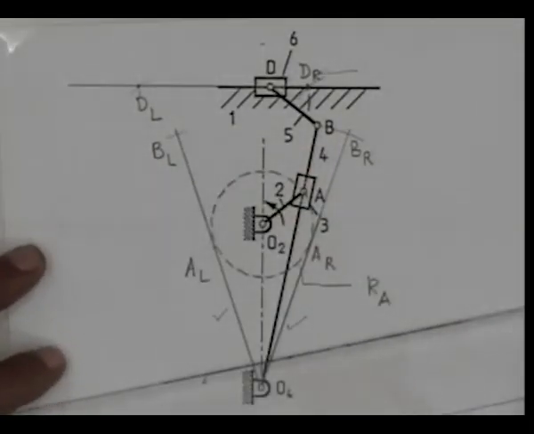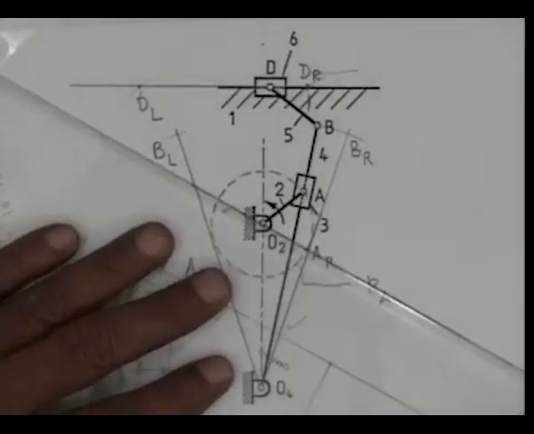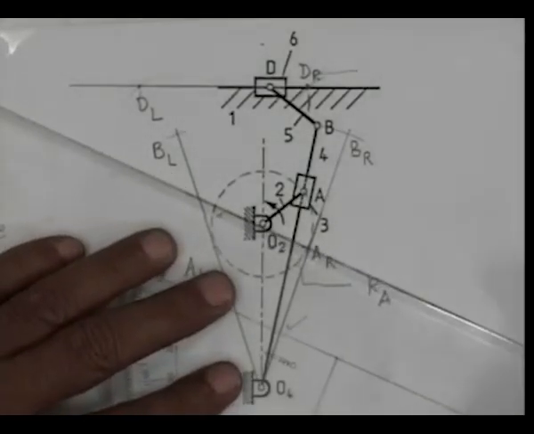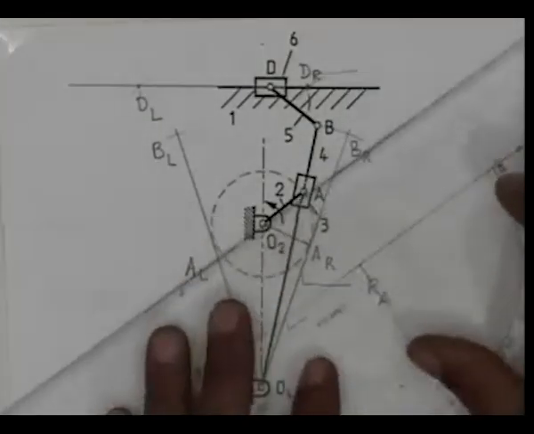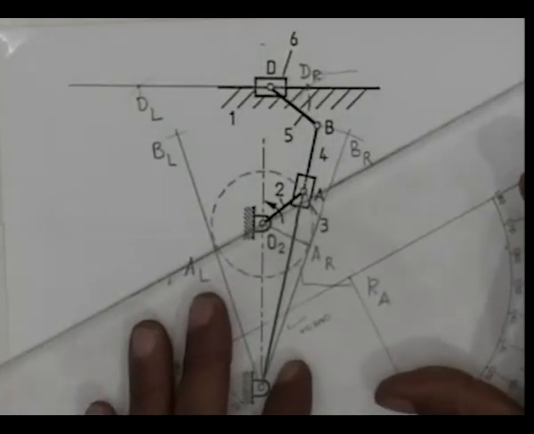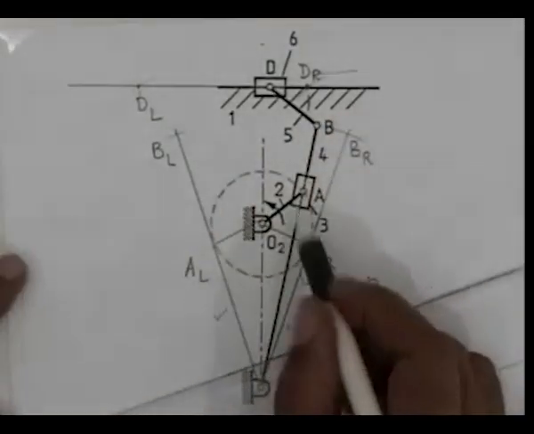Now to find the quick return ratio, we see that the link O2A rotates from O2AR to O2AL during the forward movement.